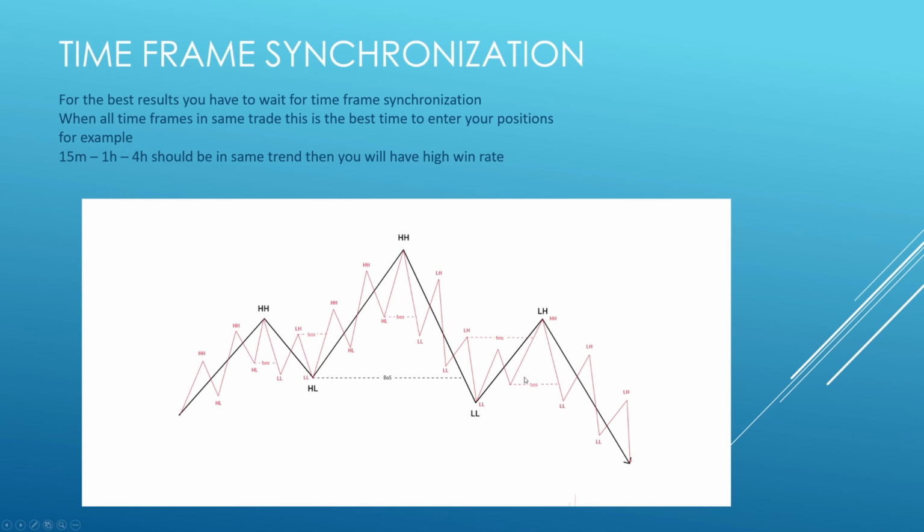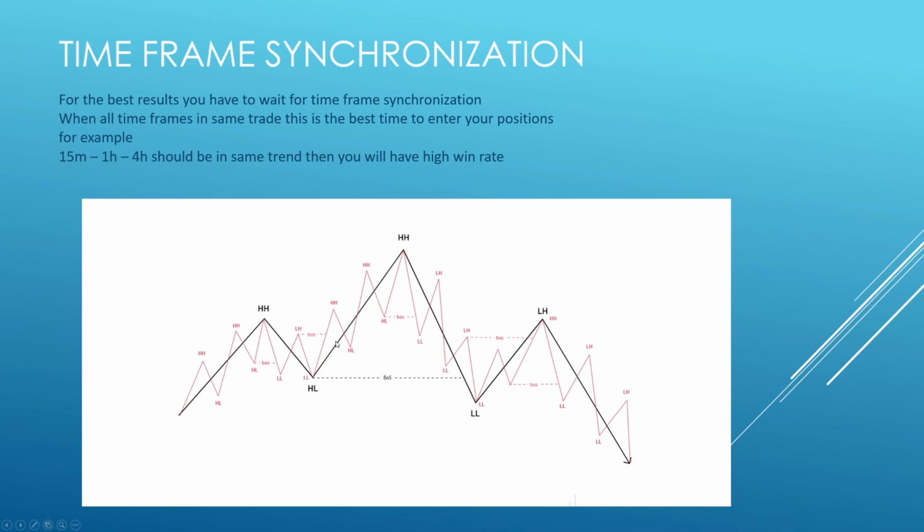For example, as you can see here, let's say this is the 1 hour time frame, and this is the 15 minutes time frame. On the 15 minutes we still have uptrends, and we have a break of market structure, and we have downtrends, and we have a break of market structure again, and we have an uptrend.